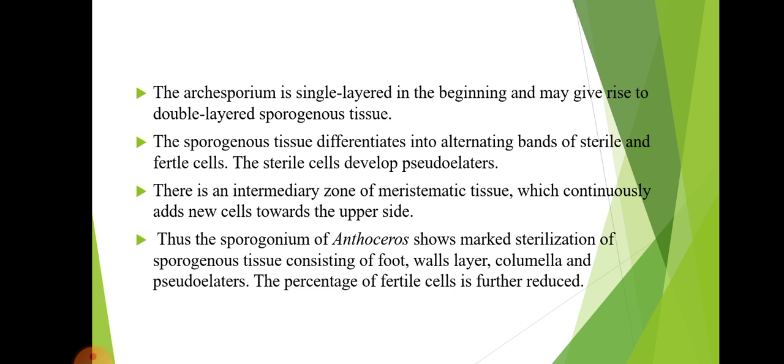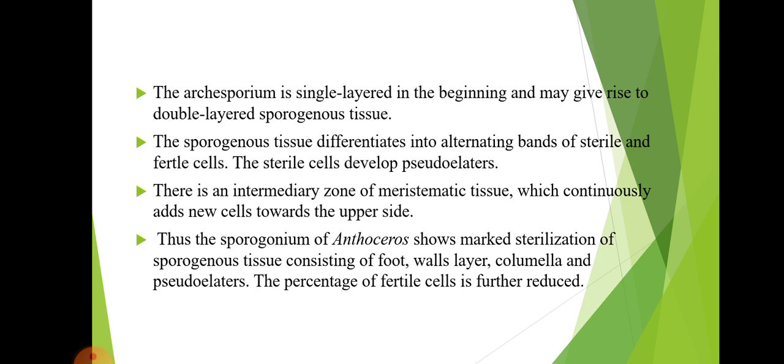The archesporium is single layered in the beginning and may give rise to double layered sporogenous tissue. The sporogenous tissue differentiates into alternating bands of sterile and fertile cells. The sterile cells develop pseudoelaters.